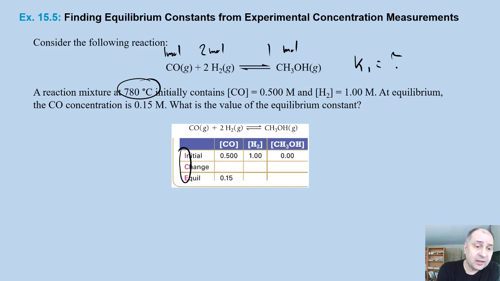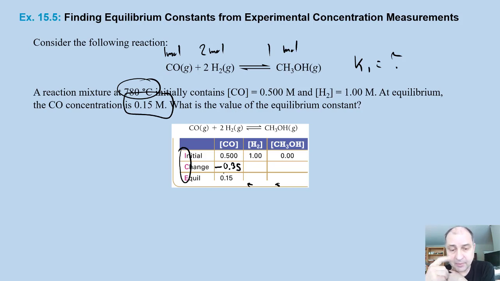So we're told that the equilibrium concentration is 0.15. What we don't know are the rest of these here. But we know that the change is related. So if it goes from 0.5 molar to 0.15 molar, we know it went down by 0.35.